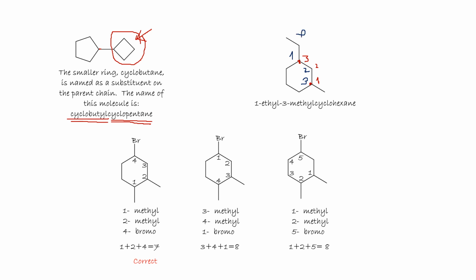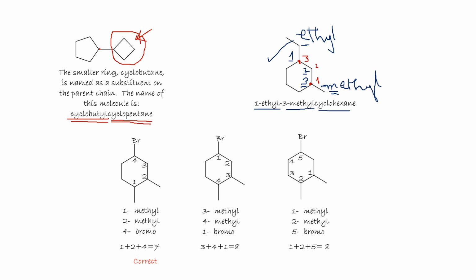This is ethyl, you start with E. And this is methyl, start with M. Which one comes first alphabetically? Ethyl. So the blue one is the correct way. If they have the same number system, look for what comes first in the alphabet. So it will be 1-ethyl-3-methylcyclohexane.